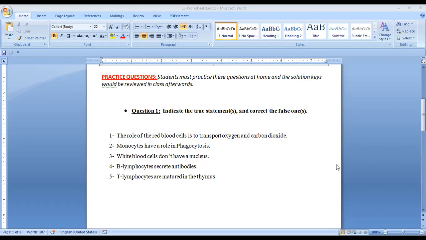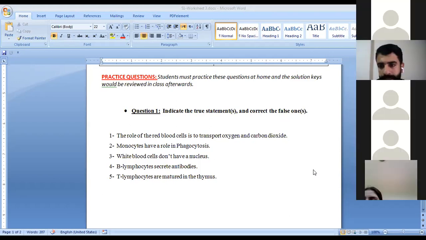Let's move to Maya. Maybe Alma is not hearing me. Maya, what do you think? Number 3. Okay, let's move now. We can take, for example, Hadil Sufan. Hello, Hadil. Do you hear me? Okay, so no problem. We can solve this together.